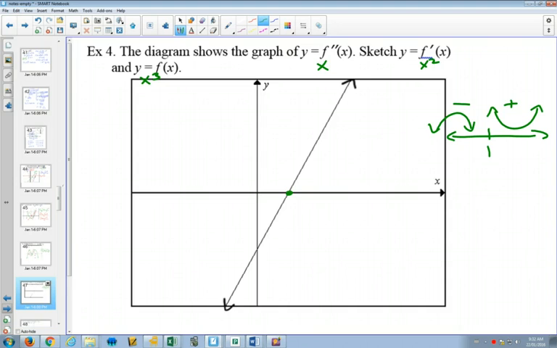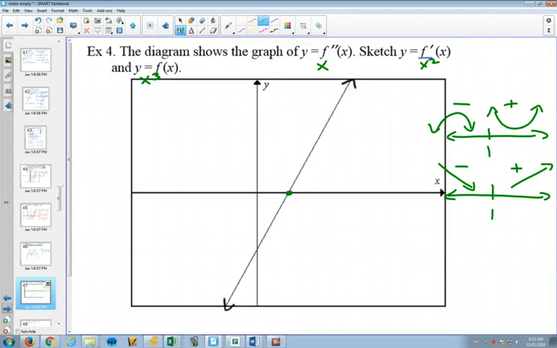But we also know that our second derivative is the first derivative of our first derivative. So if our second derivative is our first derivative of our first derivative, what does a first derivative tell us? So here we have 1. If we only go back one step, we know that after it's positive, before it's negative, it means that our first derivative has to be decreasing and then increasing.